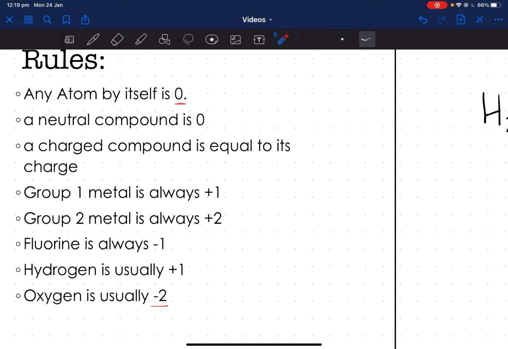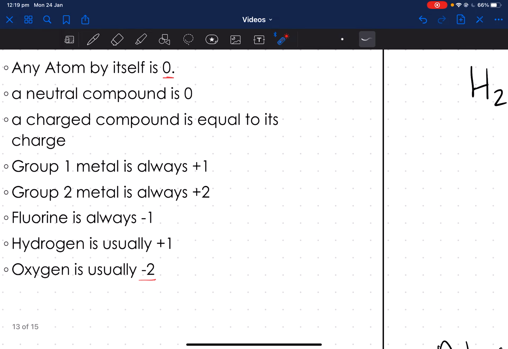Anyway, next, if the compound is neutral, so say H2O, it has a charge of zero. It has no charge at all. So overall, its oxidation numbers need to equal zero. A charged compound, so say OH minus, is equal to its negative charge. So -1 equals OH minus's oxidation numbers. Hopefully that makes sense. Group 1 and 2 metals are always +1 or +2. Fairly easy.